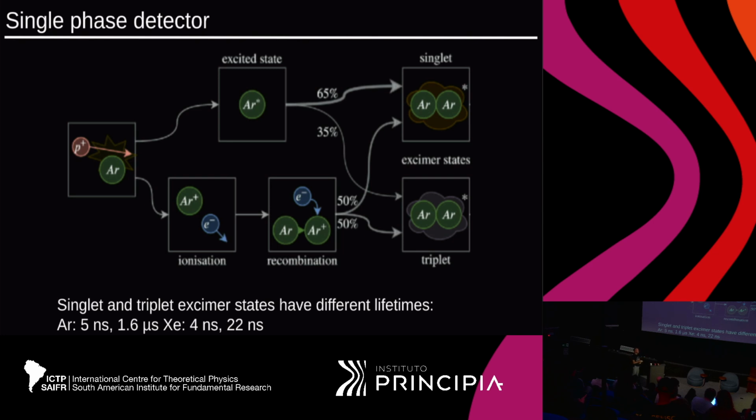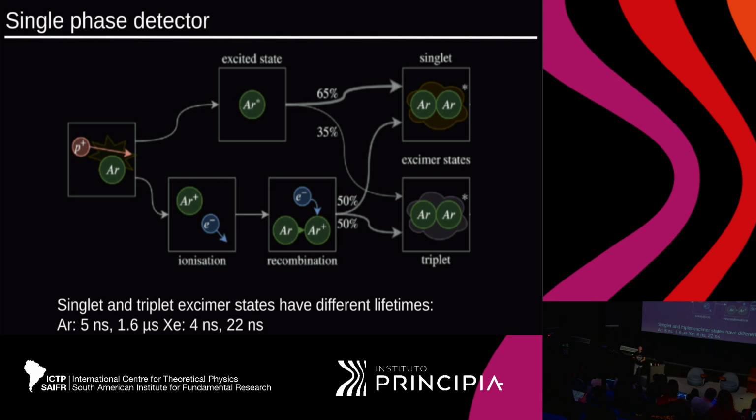They will produce essentially the same wavelength, no difference there, but the lifetime of these two states is very, very different in the case of argon. You can have 5 nanoseconds compared to 1.5 microseconds. So we are talking orders of magnitude difference here. In xenon, there is a difference, but it's not as big. It's only a 5-fold, okay?